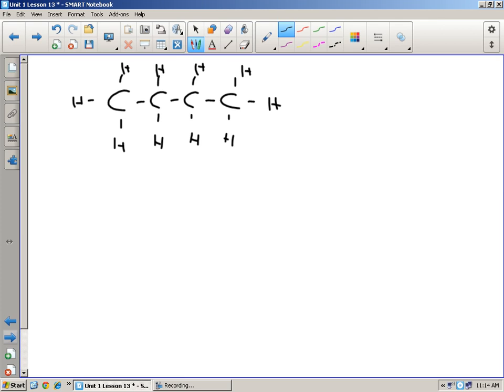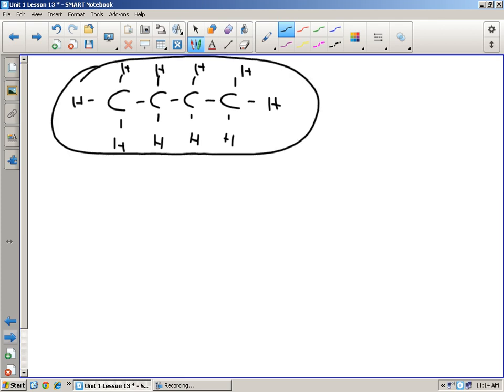Everything kind of cancels each other out. Kind of somewhat, if you want to think of it this way, somewhat linear-ish, okay? Maybe more spherical, but if you look at the big scheme of things, I showed you C5H12 earlier. This is C4H10. But somewhat linear-ish, okay? Non-polar, this would be an example of London, okay?